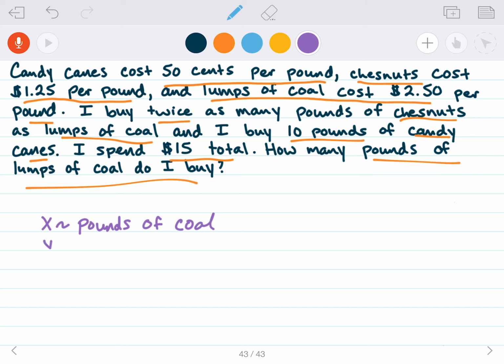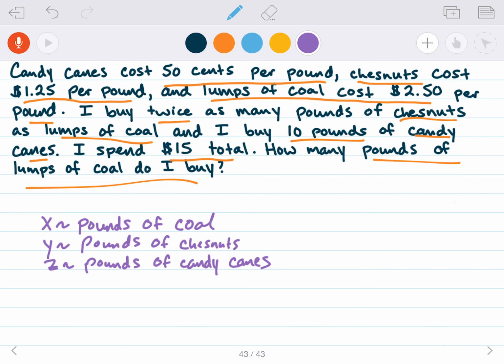Well, I can say that y is the pounds of chestnuts. And then I'll give another variable for the candy canes. I can say that z is going to be the pounds of candy canes. Okay, so those are my variables.